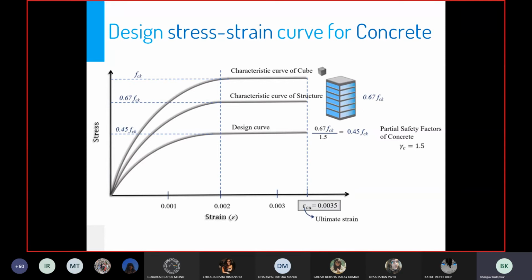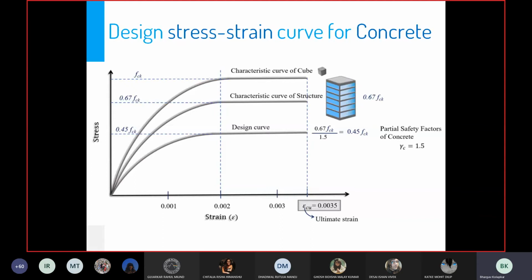So now we have to have a certain factor to account for this size effect, for this loading effect, and unlike steel, the behavior of concrete sort of changes over time. Thus, the strength sort of increases first, then it attains a peak value, and then because of temperature and shrinkage, the strength sort of goes down. Not getting into that.